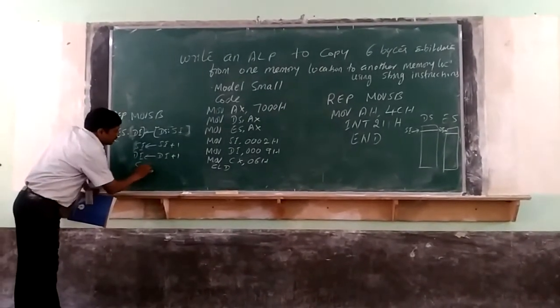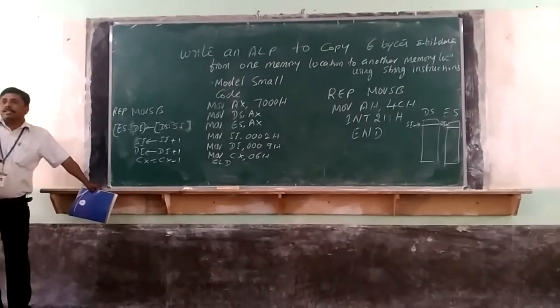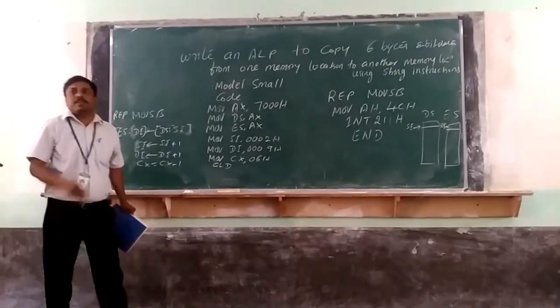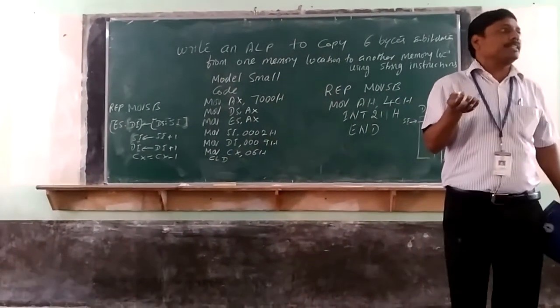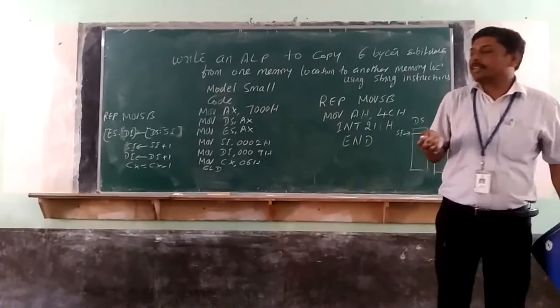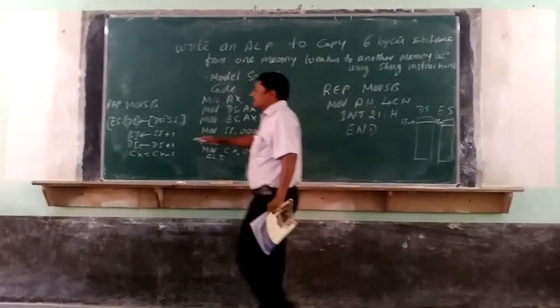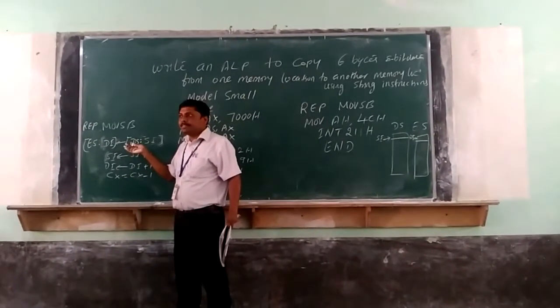So check: decrement CX minus 1. That is not only going to decrement, it is also going to use the jump instruction. It is going to check whether it is 0. Normally what we use is decrement CX; if it is not 0, it is going to be repeated.